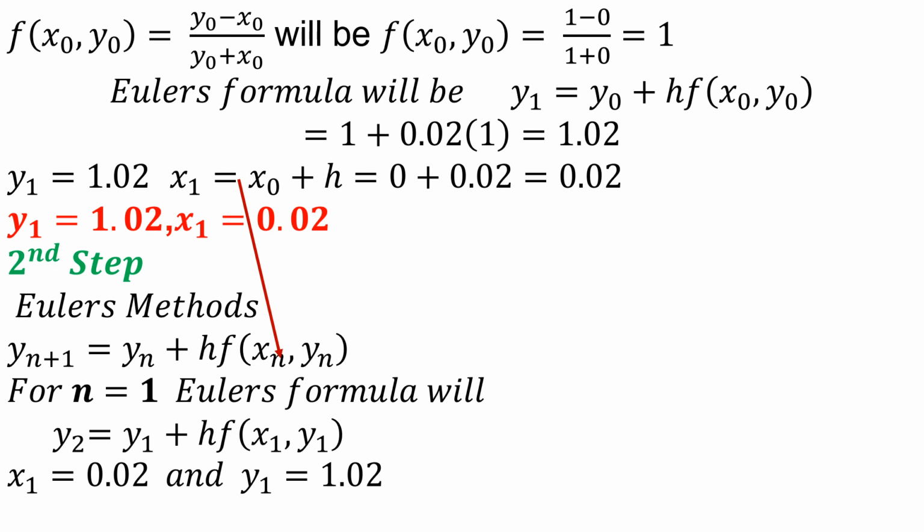For the second step, in the same way we can write Euler's equation. Here n is equal to 1, so y2 is y1 plus h f of x1, y1. In the same way, first of all we calculate the value of f of x1, y1, because the value of x1 and y1 we have already calculated.